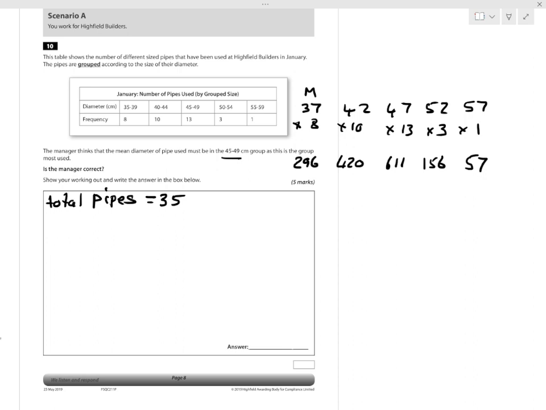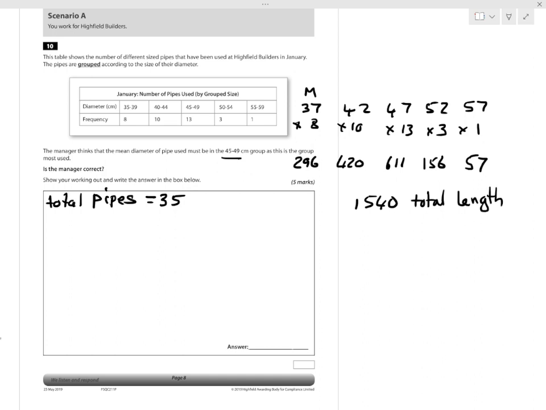So let's add all these numbers together. 296 plus 420 plus 611 plus 156 plus 57 is 1540. Right, so that is the total length.